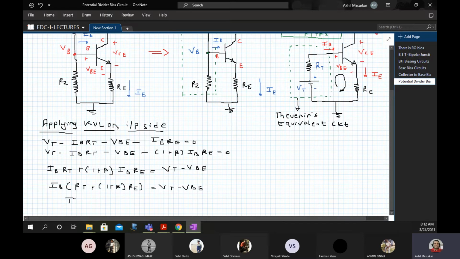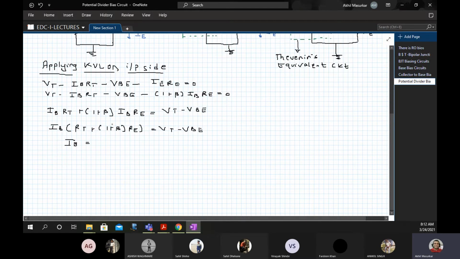So we can write here directly IB is equal to VT minus VBE, this entire thing upon RT plus (1 plus beta) times RE. So this is the equation for IB.